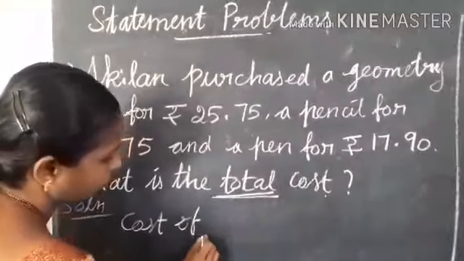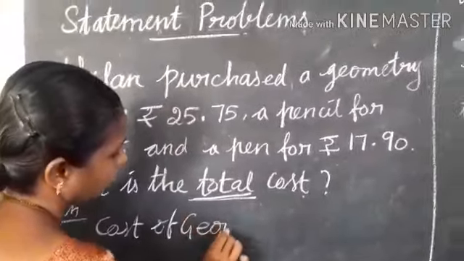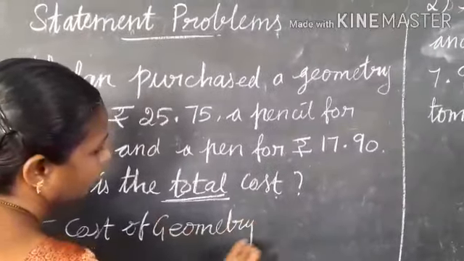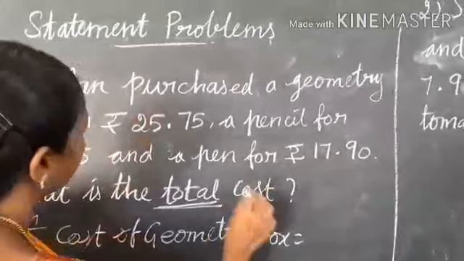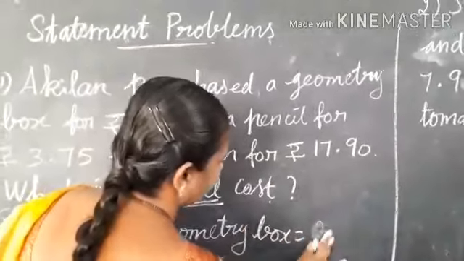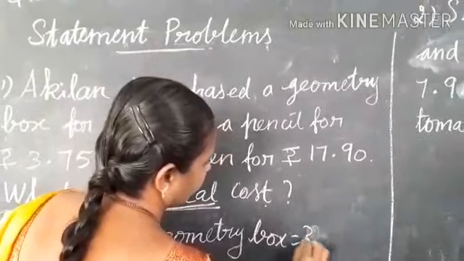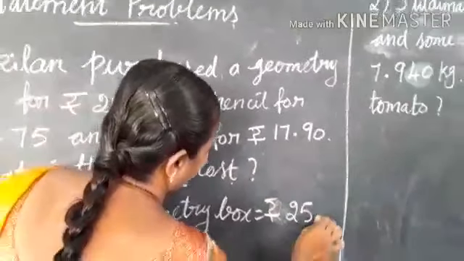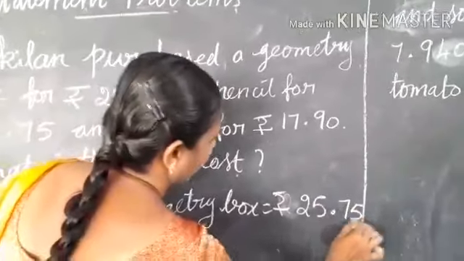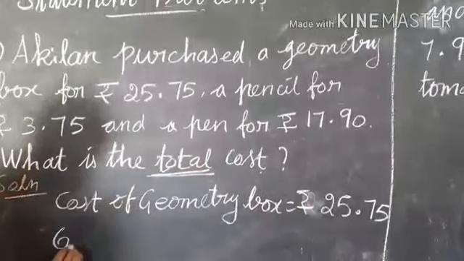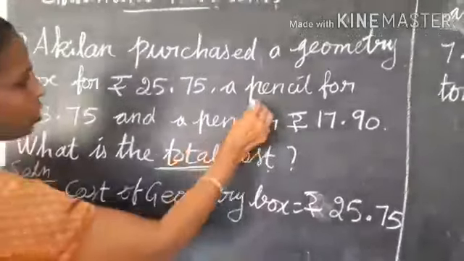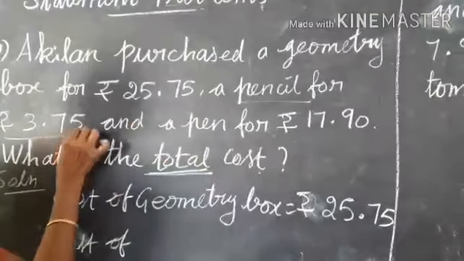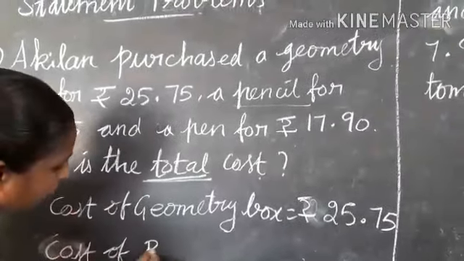Cost of geometry box is equal to 25.75. Next, cost of pencil for 3.75.